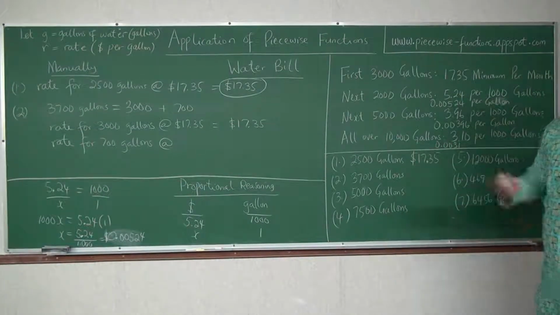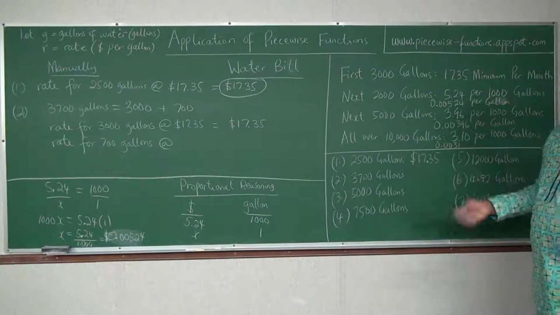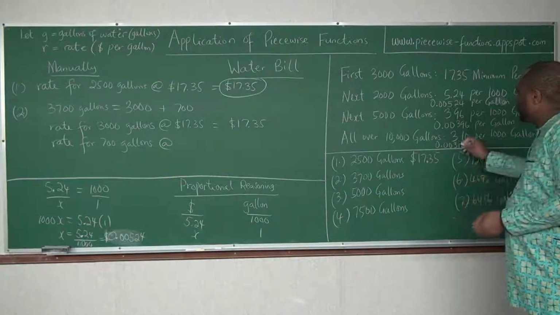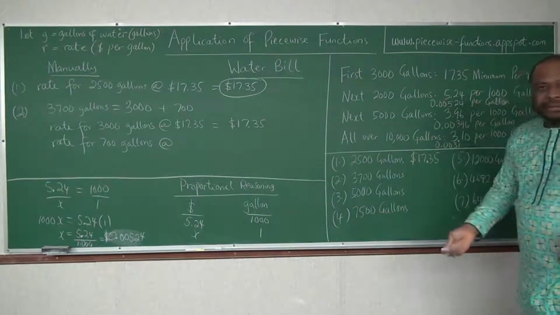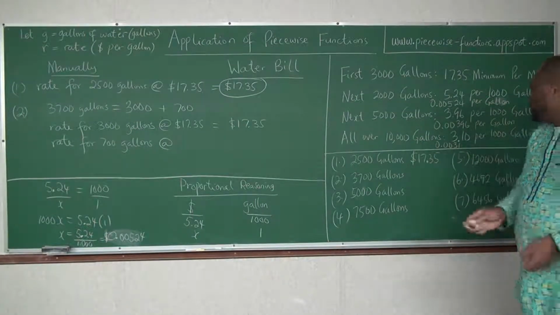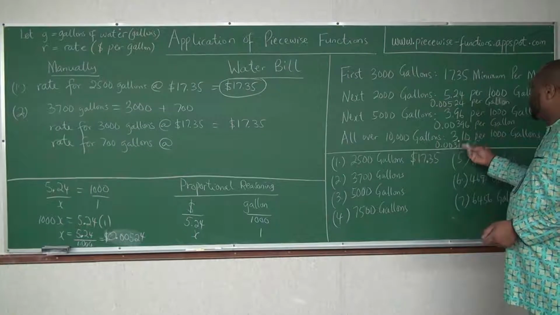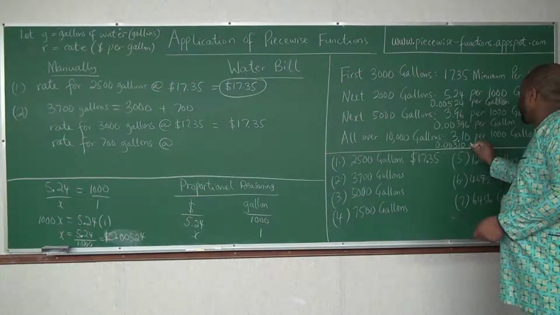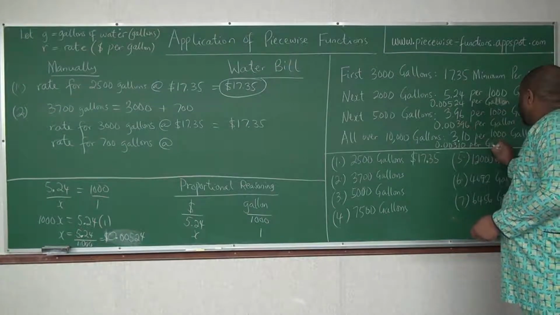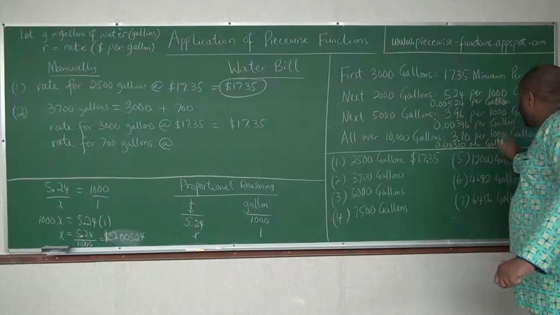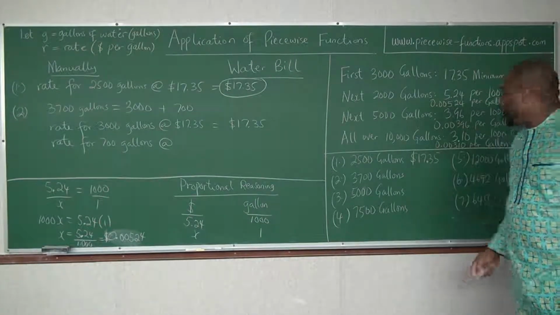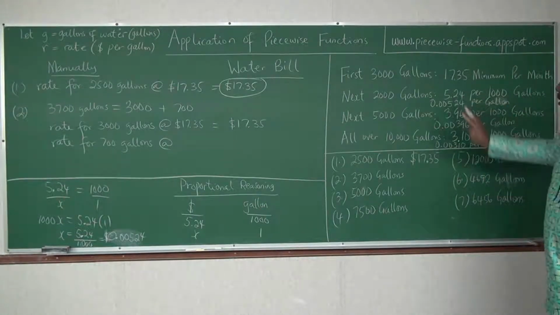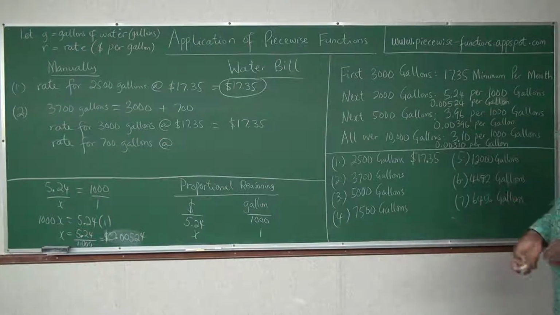I mean, if you put 310 or 31, it's the same thing, because 3.10 is the same thing as 3.1. Okay, $3.10. So 0.0031 per gallon. So I'm putting it this way so you can now see, because that is what we're going to be using.